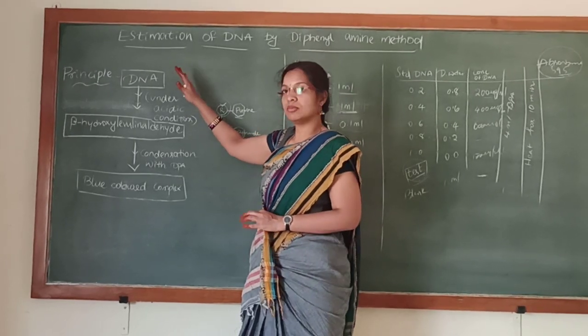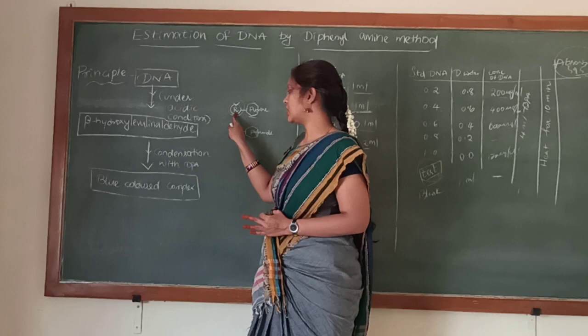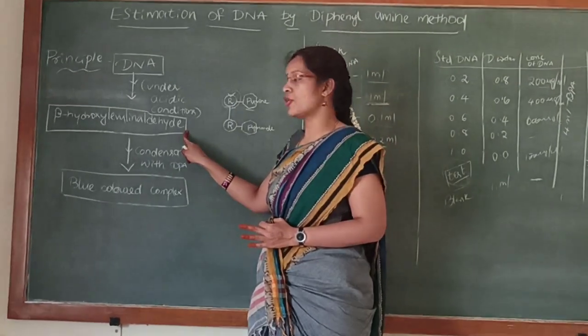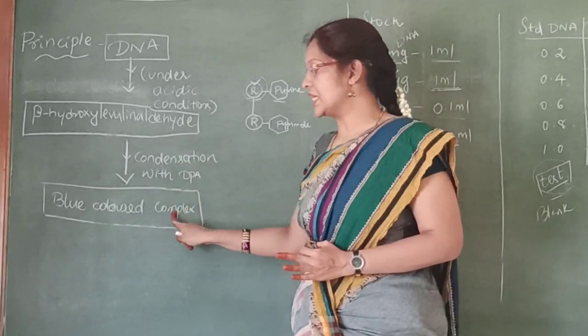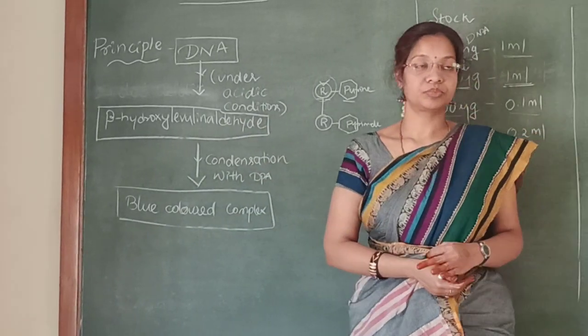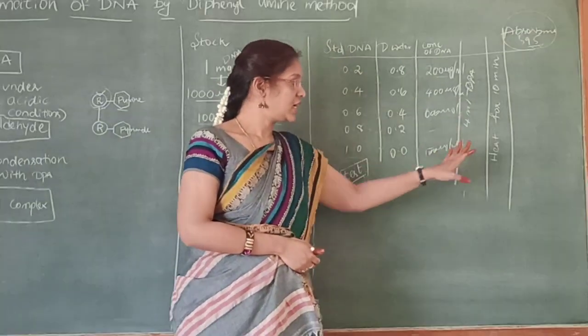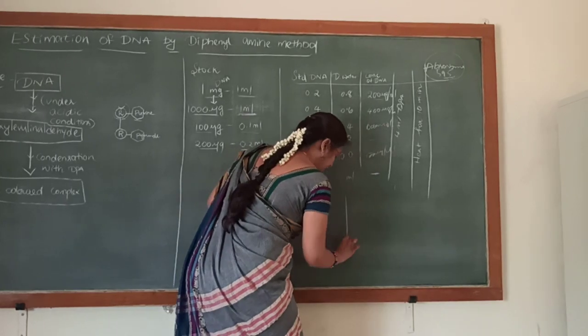If you have a higher amount of DNA, more ribose sugars are going to form the aldehyde compound, and the intensity of blue color will be more, and vice versa. Yes. After taking these readings, what are you going to do? You are going to plot a graph.